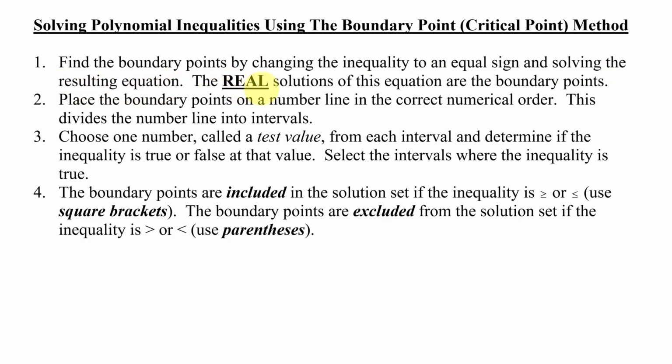The real solutions of this equation are the boundary points. So going back to our inequality, I'm going to change this greater than or equal to into an equal sign. So I'm going to have x cubed plus 3x squared minus 9x minus 27 equals 0.